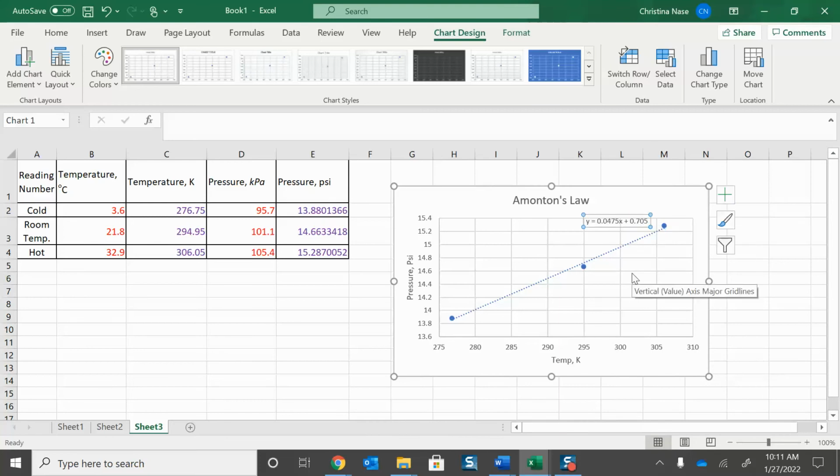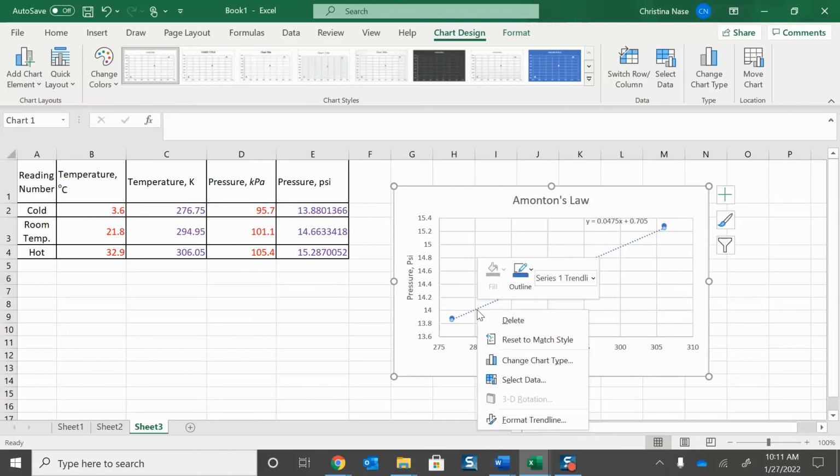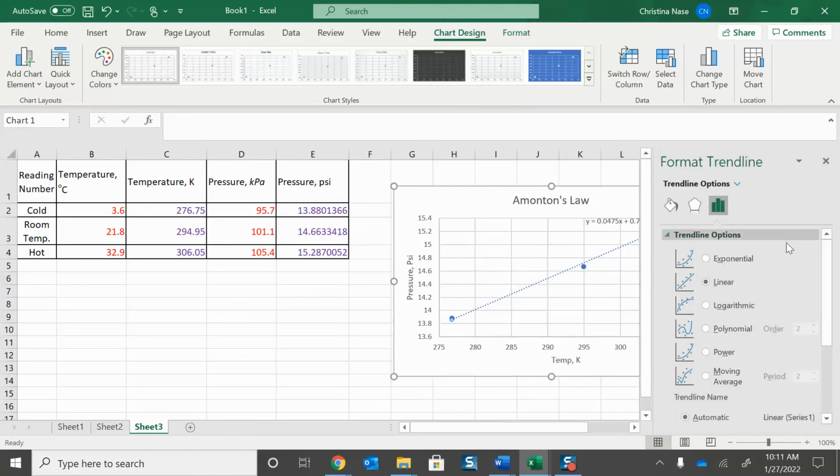Now, one thing that they want you to look at is, if I were to extend this line over here, can I figure out if I have absolute zero Kelvin at zero pressure? So the way to do that, I'm going to click on this again and format my trend line.